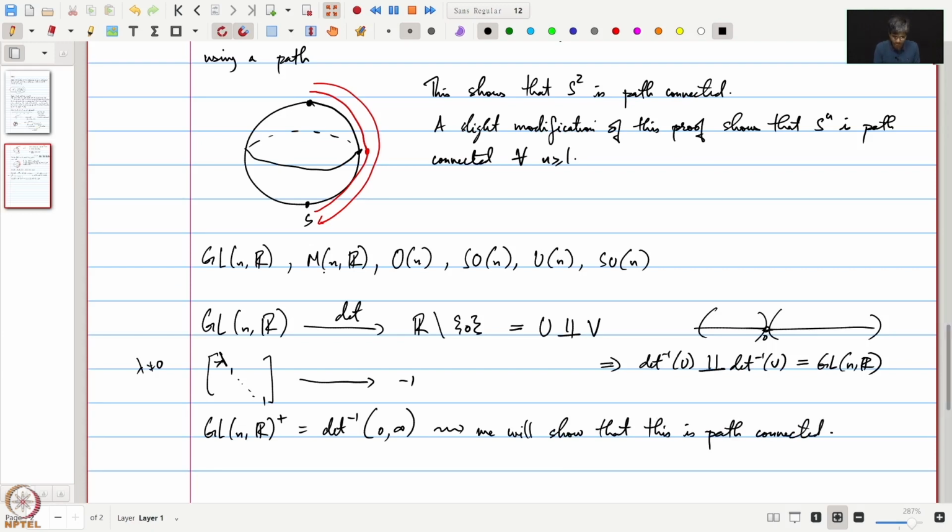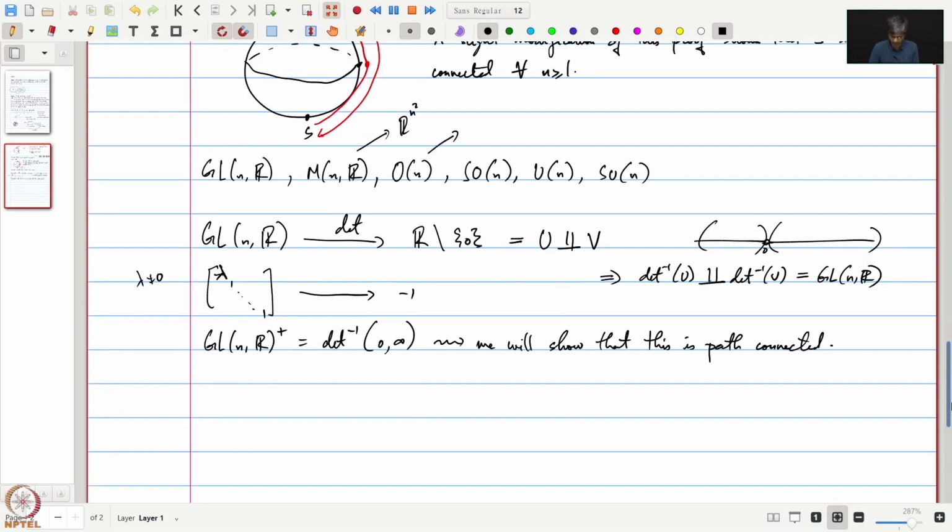Okay, so M_n(R) is just R^(n²), and this is a vector space. Since R^n is path connected, that same proof gives that M_n(R) is path connected. Once again, the orthogonal groups are not path connected for the same reason: when we take the determinant, it lands inside the set {plus 1, minus 1}, which is just 1 disjoint union minus 1, and once again the determinant is surjective.